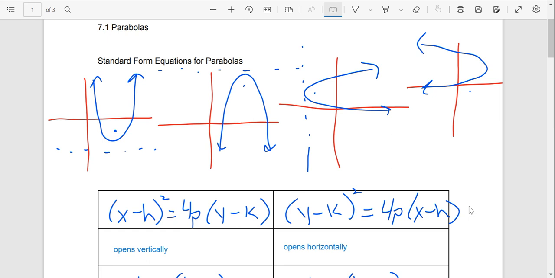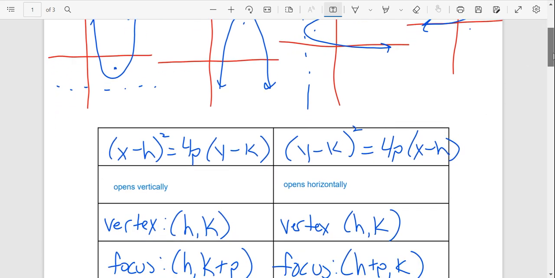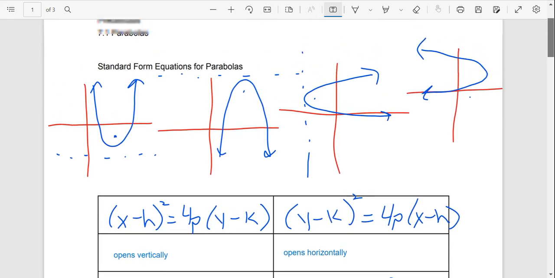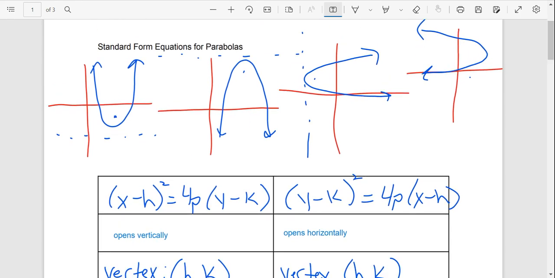Before I get to the columns of information and have a little information dump regarding parabolas, you should know that this left column is for when your parabolas are facing up and facing down. The right column is for facing right and facing left. Now, something to note.